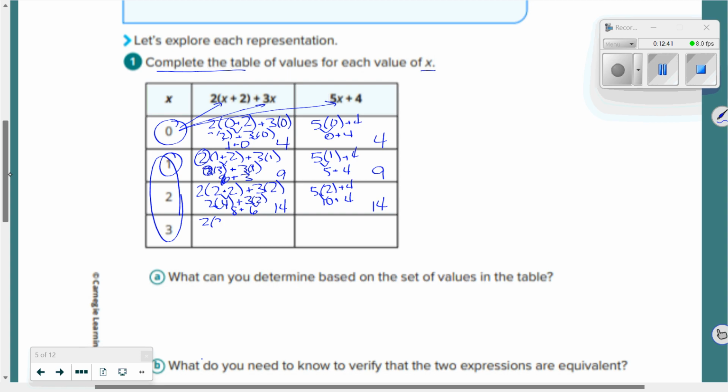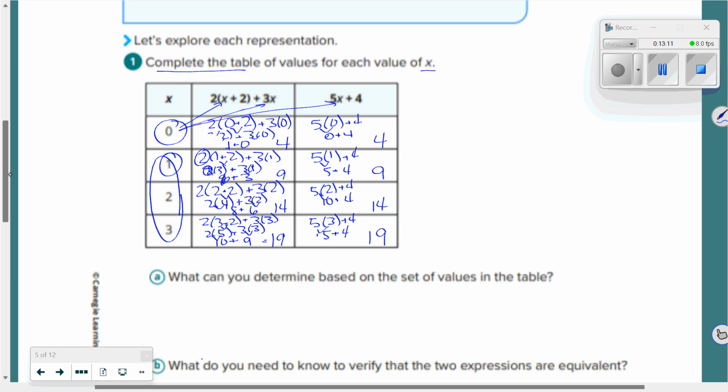Next, 2 times (3 plus 2) plus 3 times 3. 3 plus 2 gives me 5. So 2 times 5 plus 3 times 3 gives me 10 plus 9, or 19. This one, 5 times 3 plus 4 gives me 15 plus 4, which gives me 19.